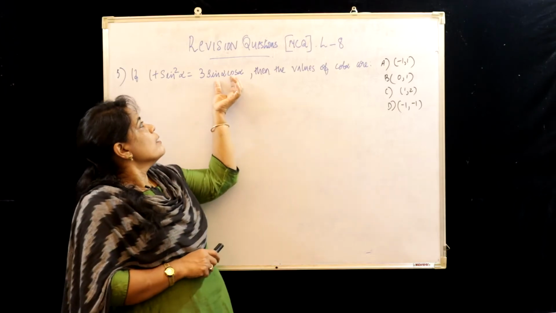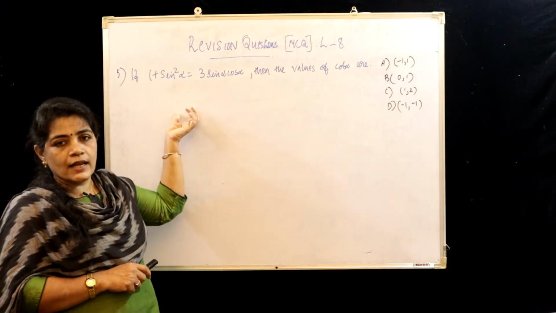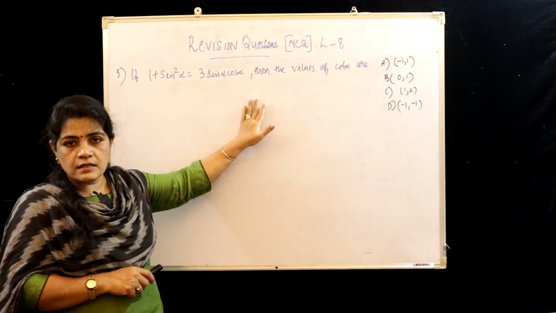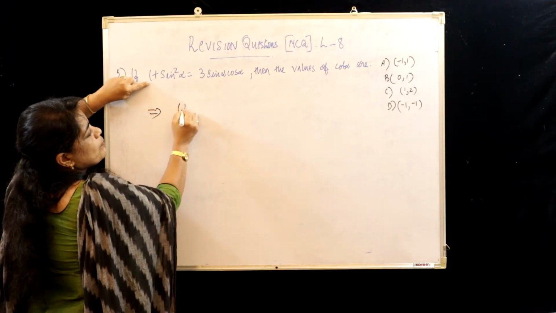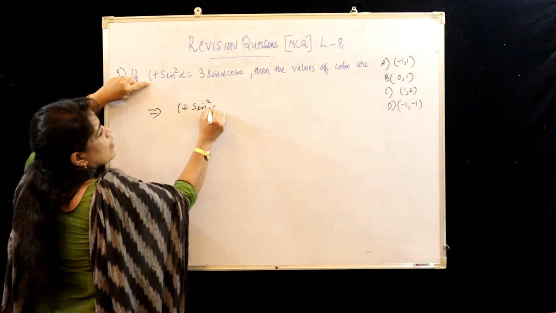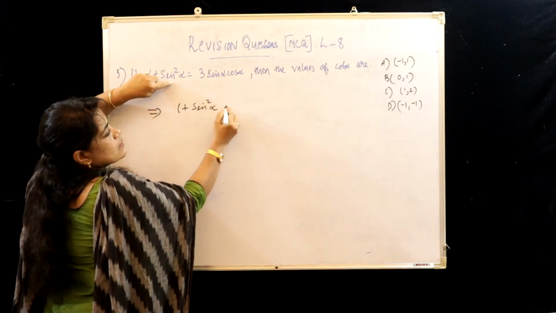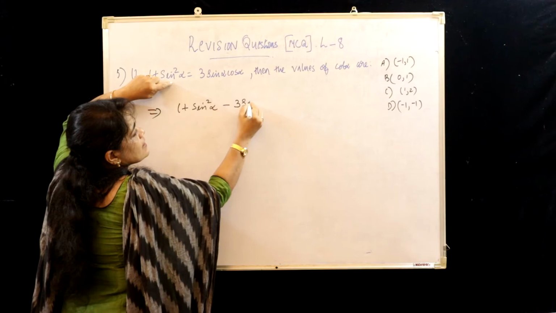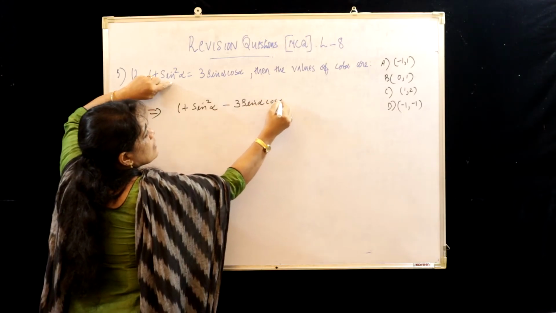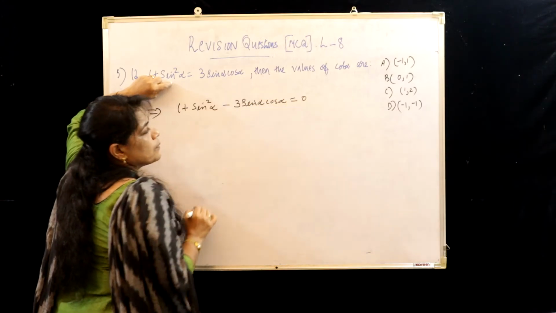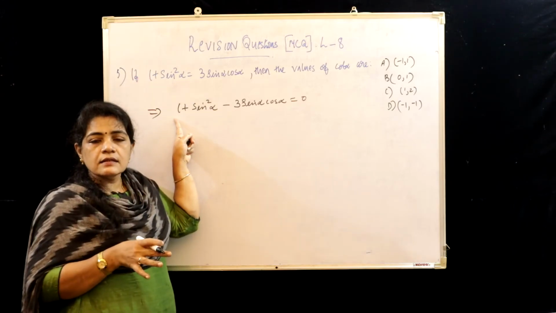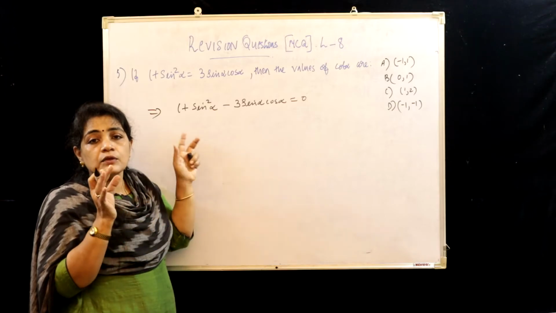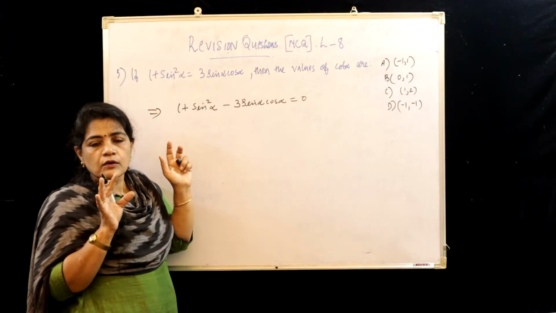As usual, I am taking the RHS to the LHS by making the RHS 0. That is the first step. That means 1 plus sine square alpha minus 3 sine alpha cos alpha equals 0. If you keep this 1 as it is, we can't reach the values of cot alpha.